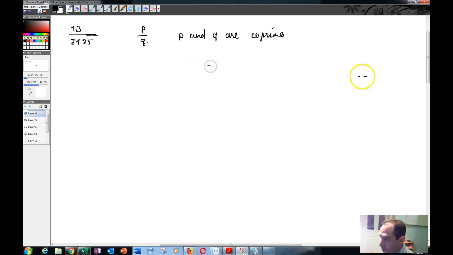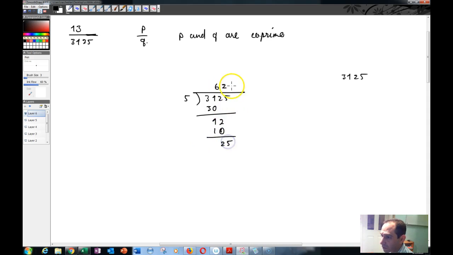If I write 3125 and divide this by 5, I get 625, so that's the same thing as 5 times 625. And 625 is 25 times 25.